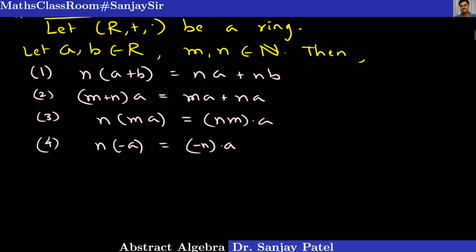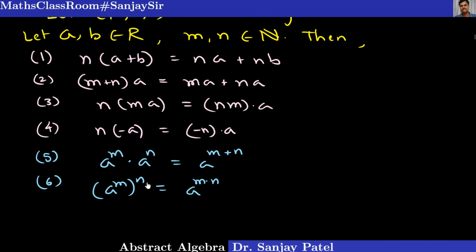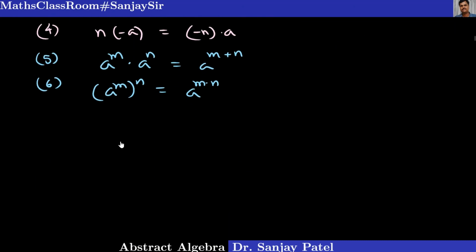And the other set of results is for powers: a raised to m into a raised to n, same as the power indices rule. Then (a raised to m) raised to n, we can write as a raised to mn.